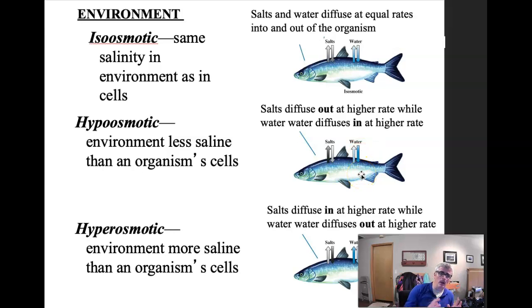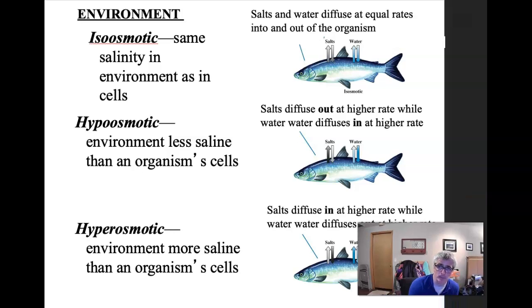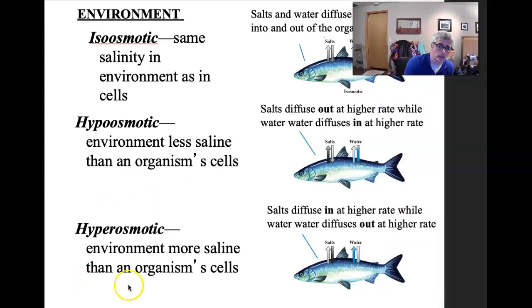in a hypoosmotic environment. Then we can have hyperosmotic, hyper, more. We're talking about the environment. So the environment is more saline than the organism's cells. So in this example, the environment is more saline than the organism's cells.